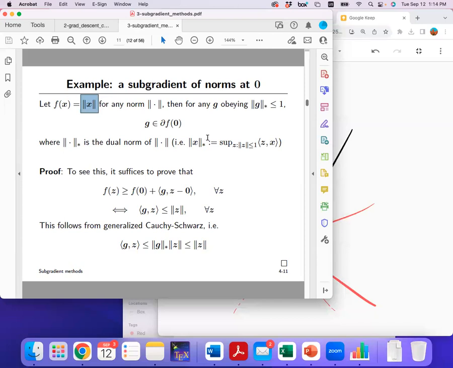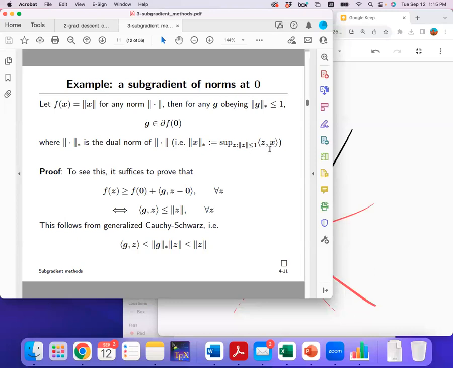In mathematics, people care about this type of symmetry in space. So the dual norm is defined through this variational optimization problem. It looks at all the vectors z whose norm is less than 1, and has the highest correlation with your vector x.